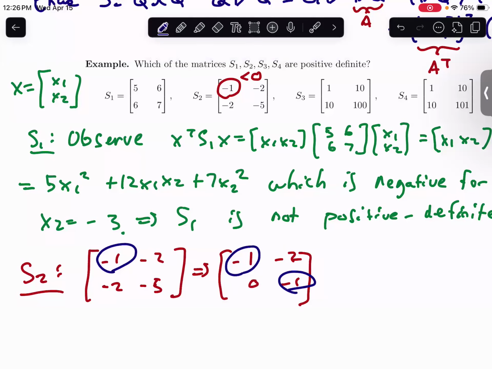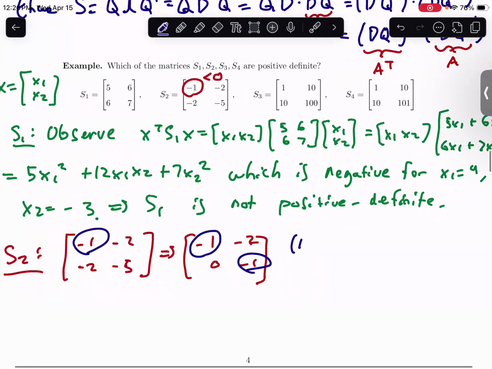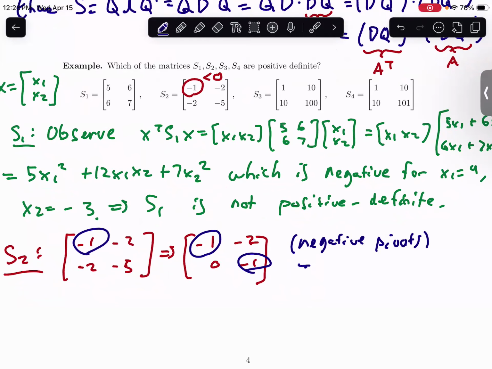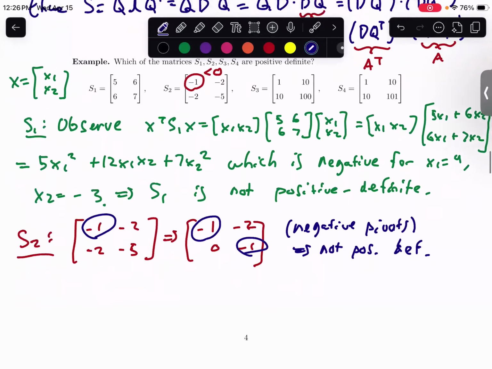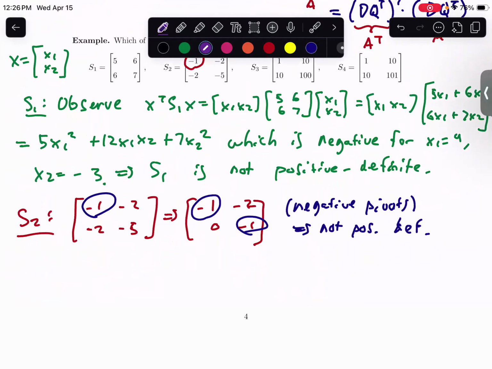This is -1 as well. So you have negative pivots, which implies that it's not going to be positive definite. I'm just going to say pos def, I guess. Again, you can see this check is a lot easier than doing the first check that we did.